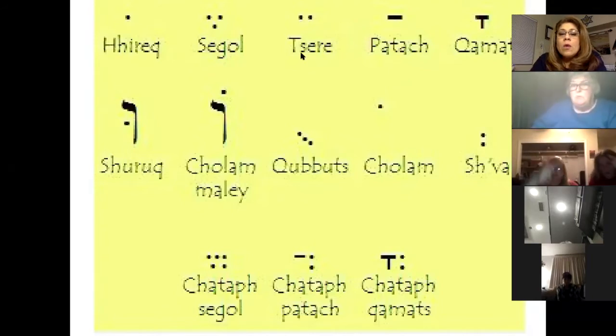Now, we have here these 2 little dots as a symbol. Atzire, or sere. So this is an eh sound. Sere, eh.